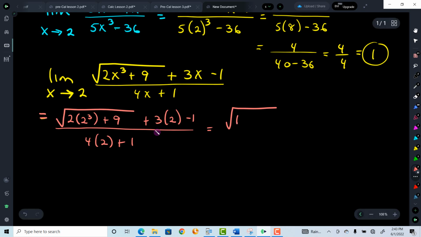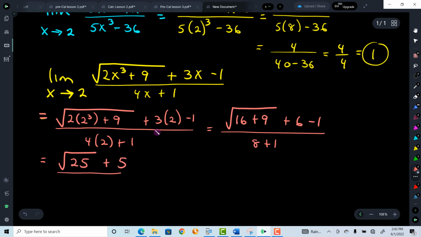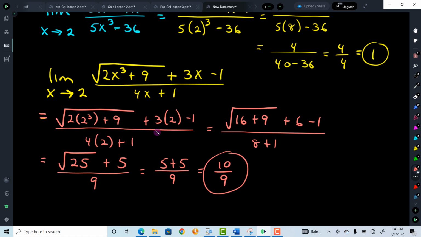So that gives me 16 plus 9 plus 6 minus 1 over 8 plus 1. So we get the square root of 25 plus 5 over 9. So that's 5 plus 5 over 9, which gives us 10 over 9. So there you go.